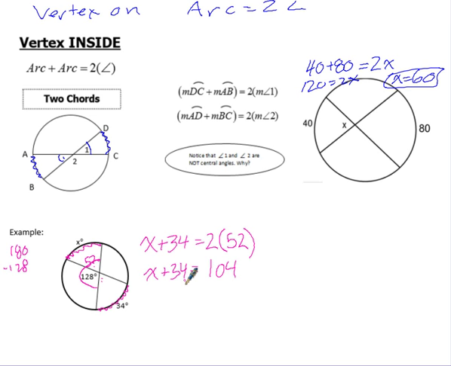And then I get x plus 34 equals 104. To solve this, we subtract 34 from both sides, and we get x equals 70. That would be the measure of this arc here.